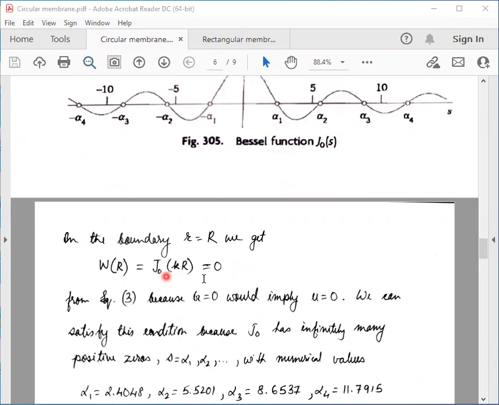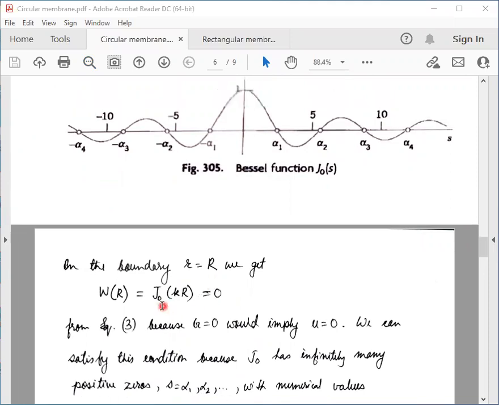And J0(kR) equal to 0. We can easily find the points by plotting the Bessel function. This is J0(s) plotted as a function of s. So J0(kR) equal to 0 means these are the points where the curve cuts the x-axis. So these are alpha 1, alpha 2, alpha 3, alpha 4, and so on.